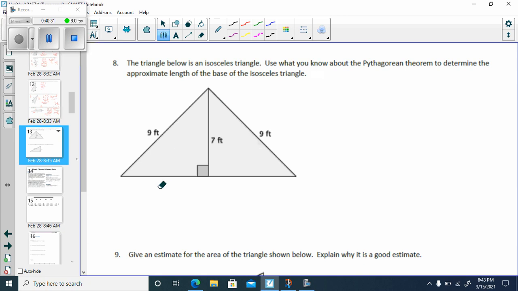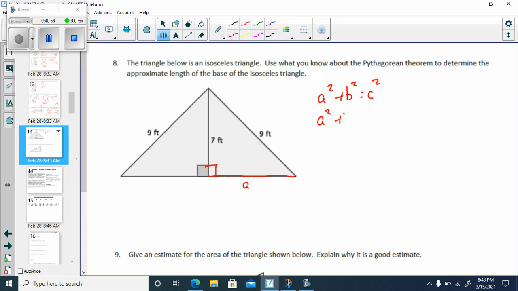The triangle below is an isosceles triangle. Use what you know about Pythagorean theorem to determine the approximate length of the base. Well, if I can get this length here, it's the same as this. So if I get that, I multiply it by 2. I'm dealing with Pythagorean theorem. Okay, I need to find this side. All right? A squared plus B squared is equal to C squared.